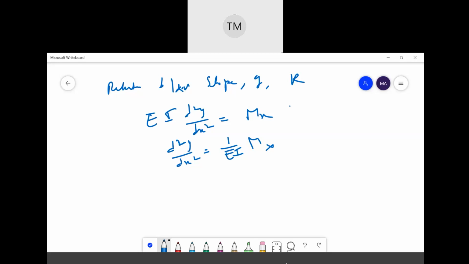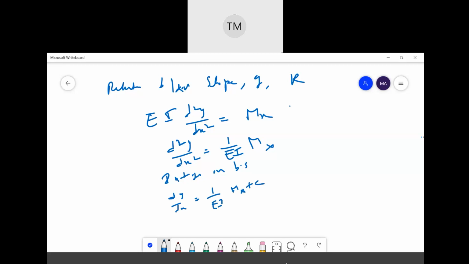So from this equation, you are integrating on both sides. Whenever I am integrating on both sides, what happens to this one? This one will become dy by dx is equal to 1 by EI into integral of Mx plus c1.